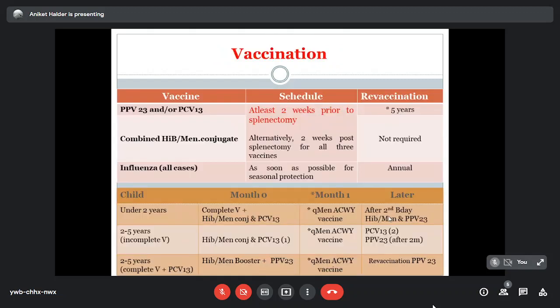Now, vaccination, just an overview, as the individuals are more susceptible to infection by these three types of organisms: the pneumococcal infections, the Haemophilus, and the meningococcal infection.